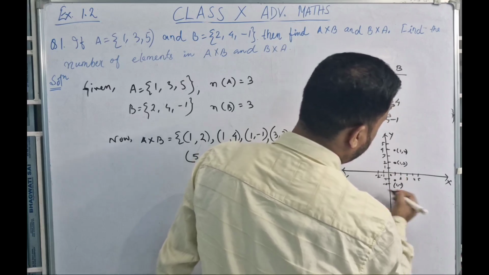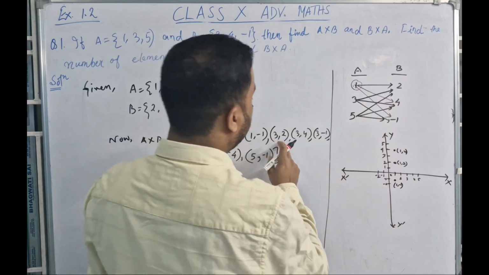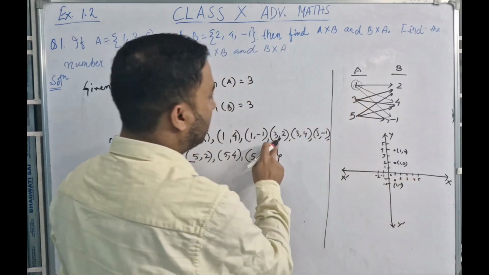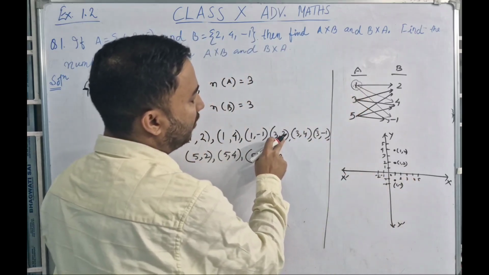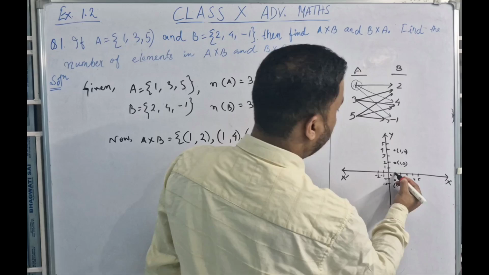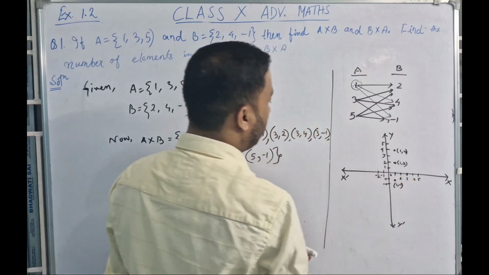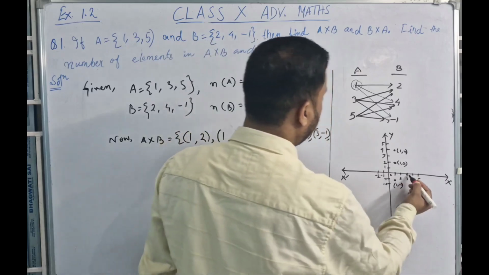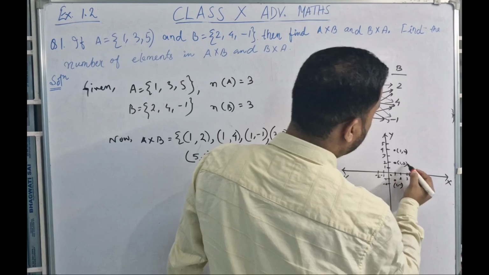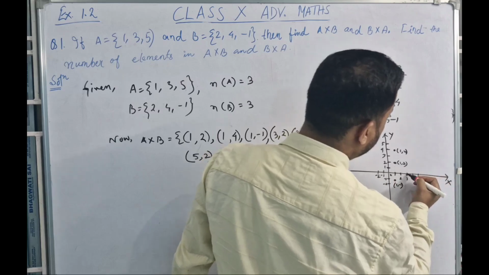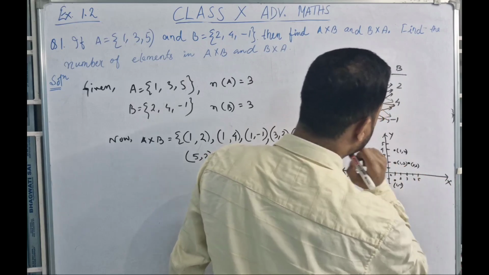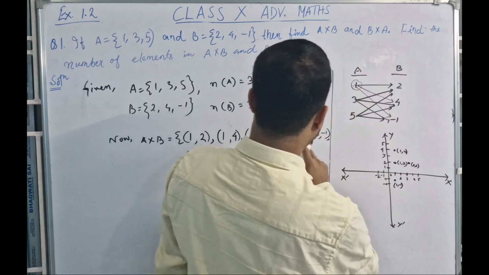Then you have (3, 2), where the first component is the x coordinate and the second component is the y coordinate. The x coordinate is 3, and for the y coordinate we have 2, 4, minus 1, so they will be on the same vertical line for 3. This is (3, 2). Then we have (3, 4).